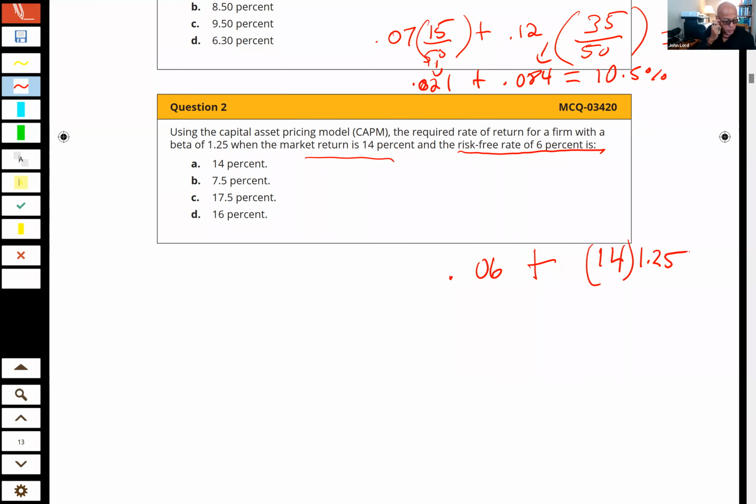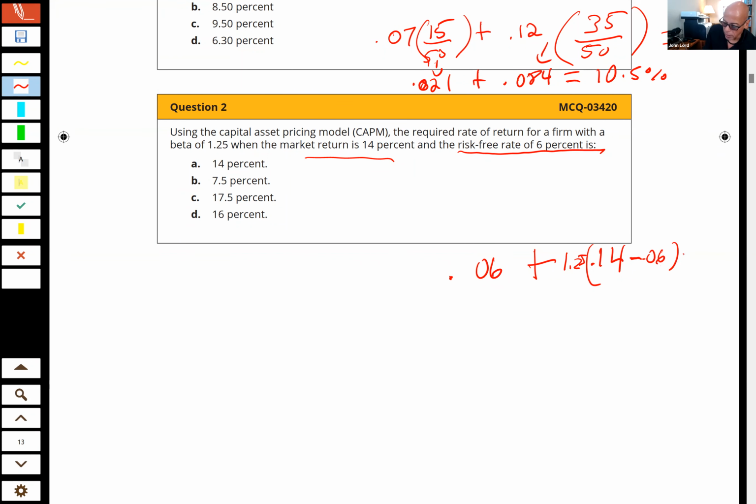So then of course I have to amplify the portion that is for the market return. So take that 1.25 times, but I have to subtract off what to get the risk premium. I have to subtract off the risk free.